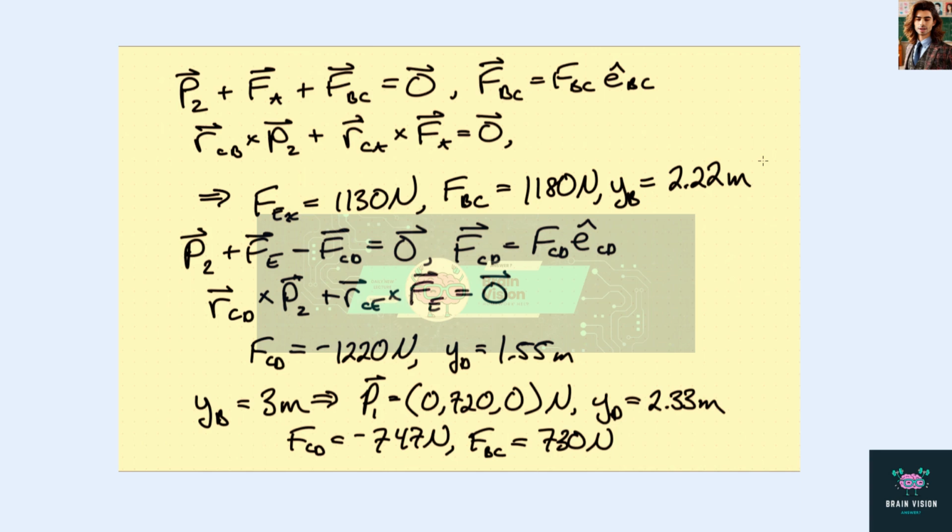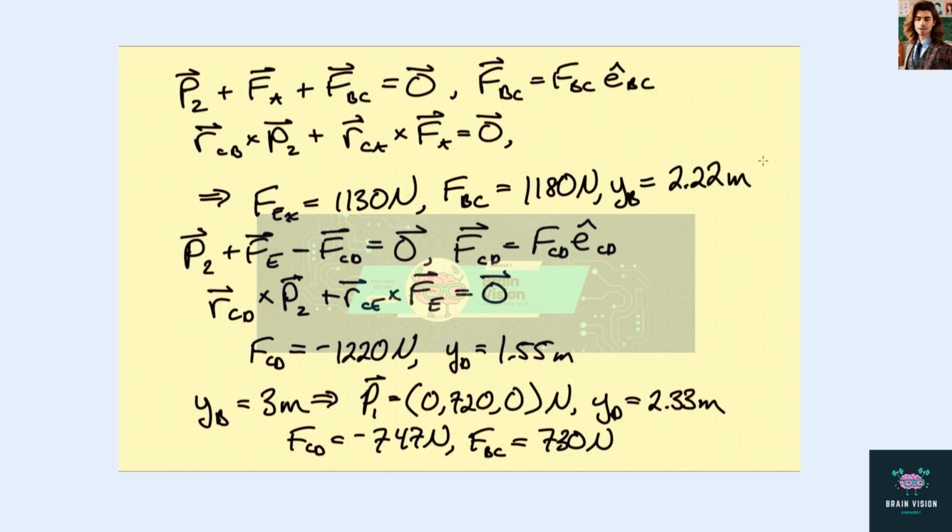We basically just go through the exact same analysis, but now we have a different unknown and different knowns. So now if we plug in YB is 3 meters, we'll find that P1 is 720 newtons in the negative Y direction, and then also that YD is 2.33 meters now.